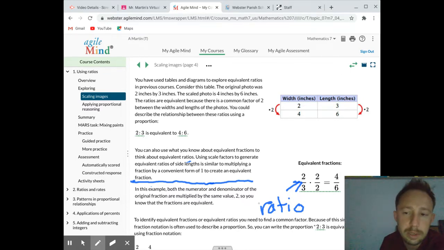So what I mean by that is that when we use a scale factor and we have to multiply the ratio, we have to multiply both parts of the ratio. But if we're multiplying a fraction, we're only multiplying the numerator if it's a whole number that we're multiplying by.